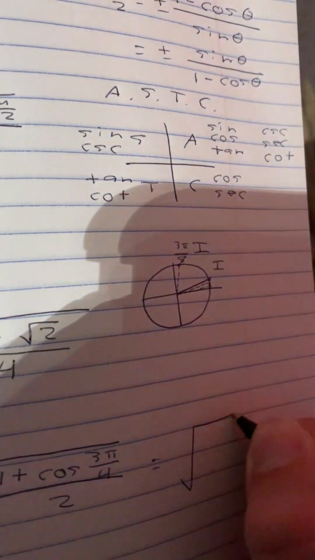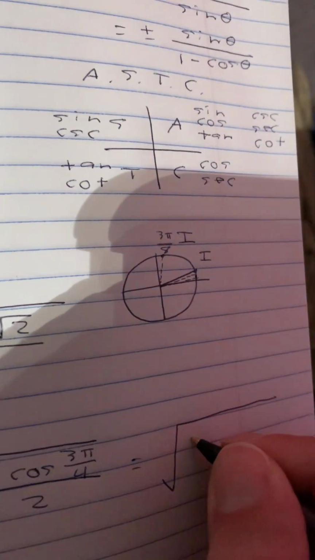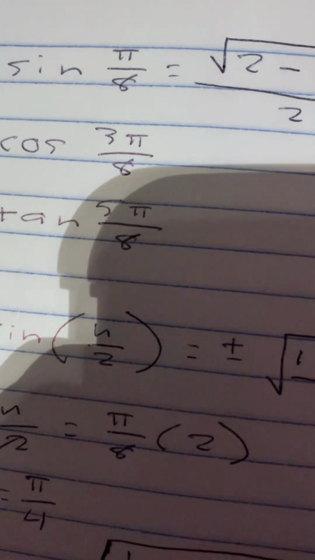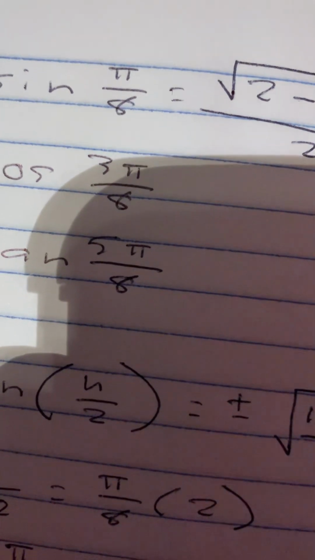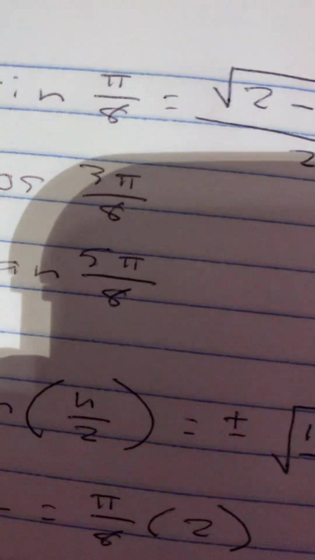And we've got to simplify this. So this is equal to, open up another square root symbol, 1 plus the cosine of 3 pi over 4. Recall, we have pi over 4 right here, 1, 2, 3.